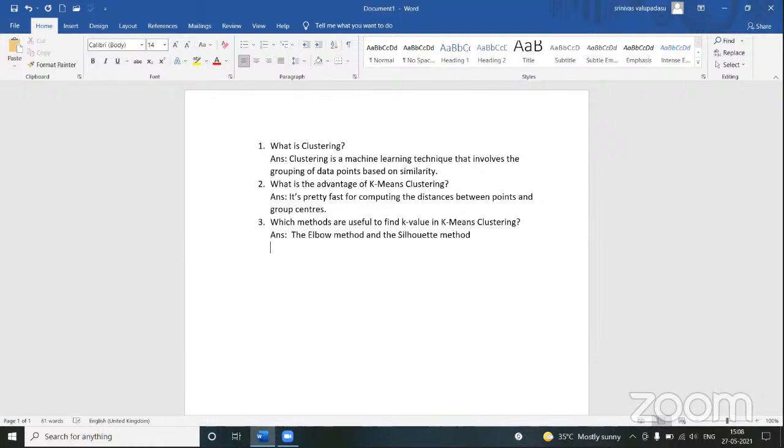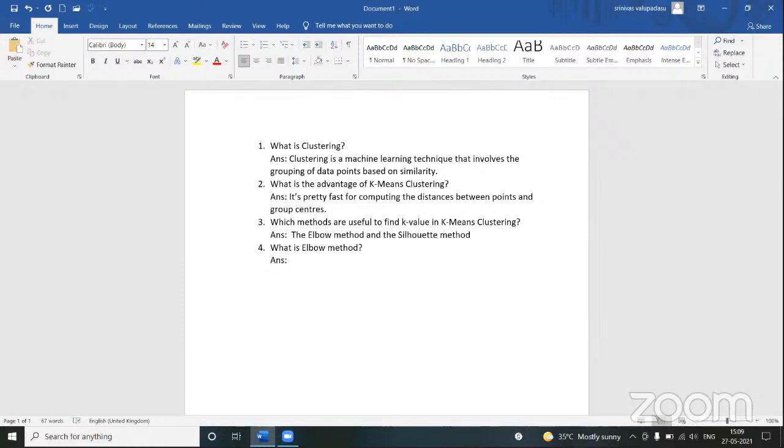Next question. What is the elbow method? Just now I said it is used to find the K value in K-means clustering.